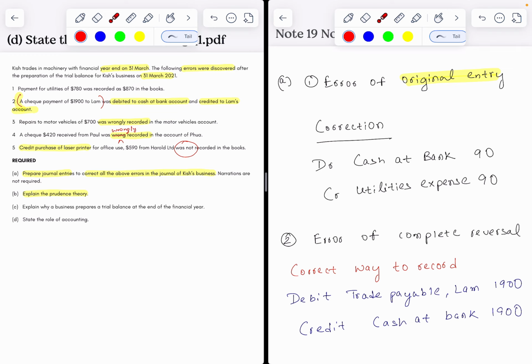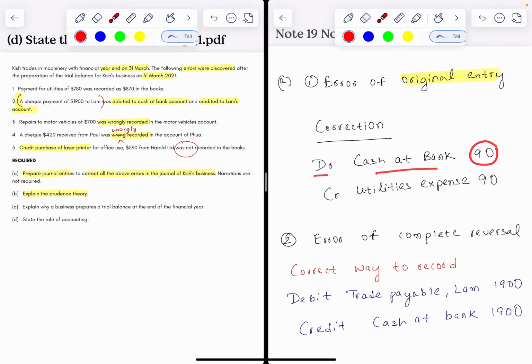So we want to increase our cash at bank account balance by $90, which means we're increasing the balance for our asset account. And when we increase our asset balance, we debit it. So we will debit the cash at bank account by $90, and simultaneously you want to reduce the amount for utilities expenses.